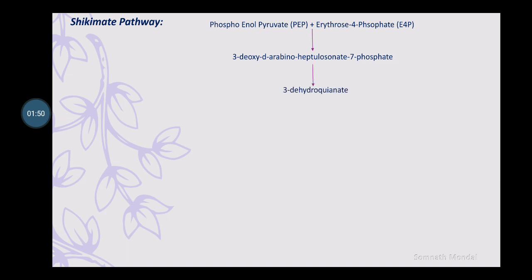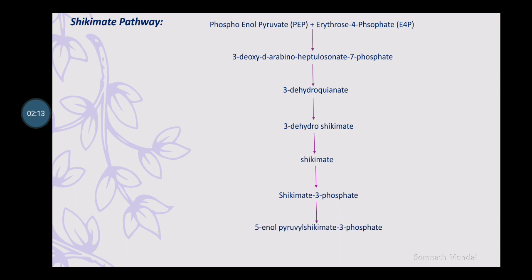Next, it will be converted into dehydroquinate, which will be converted into 3-dehydroshikimate, followed by Shikimate and Shikimate 3-phosphate. Now this Shikimate 3-phosphate will be converted into 5-enol pyruvyl Shikimate 3-phosphate and finally into chorismate. So we have a very concise account of the Shikimate pathway.